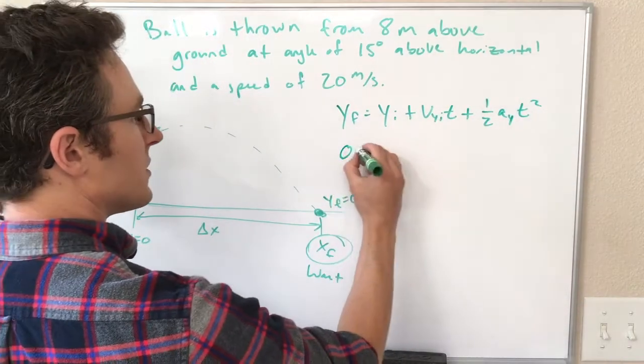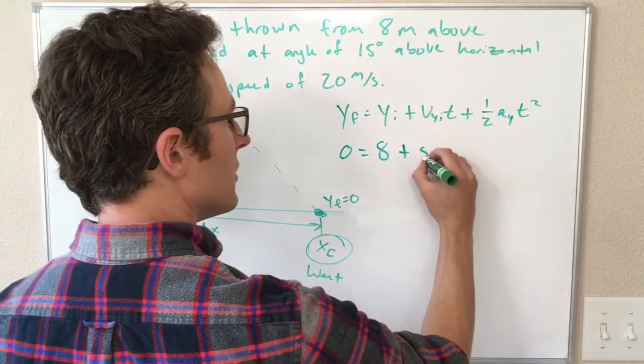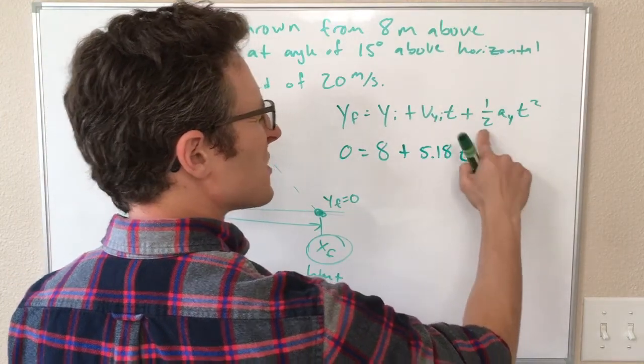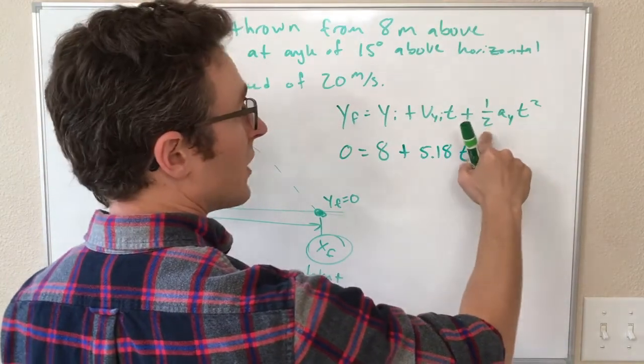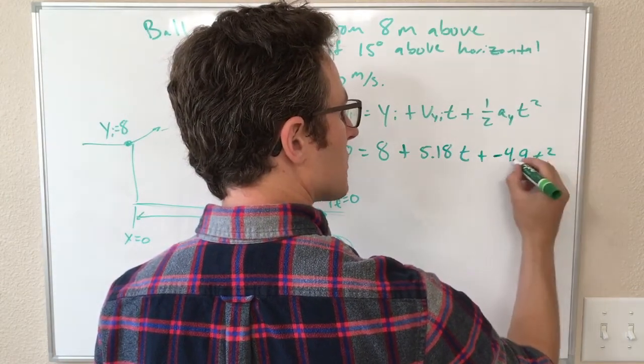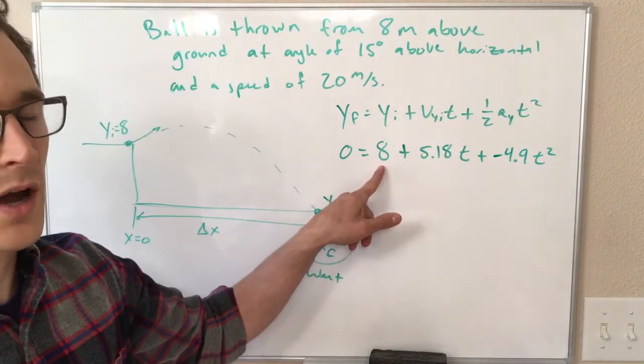So y final is equal to 0. Y initial is 8. Vy initial is 5.18 times t plus 1/2 times minus 9.8, which is minus 4.9 t squared. And now we have a t squared, we have a t, and we have a constant term.